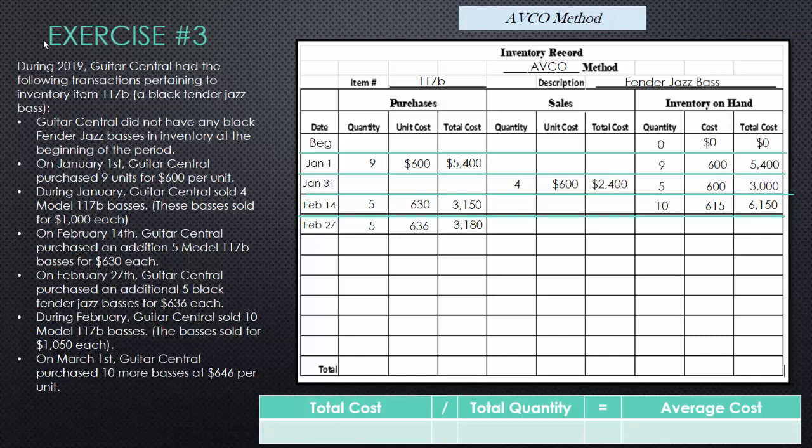We had 10 of these bases, we bought 5 more, so we're up to 15. Our total cost of the bases we had before was $6,150. Well, we just spent another $3,180, which means our total cost of all 15 of these bases is $9,330. And to figure out our average cost, we take total cost, divide it by total quantity, and we get an average cost of $622 per base.